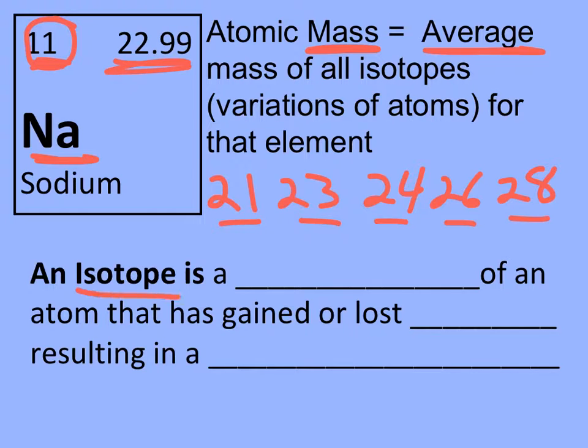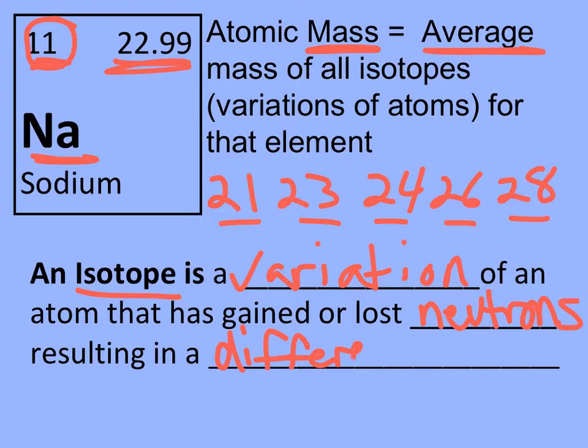we call those isotopes. So an isotope is a variation of an atom that has gained or lost neutrons, resulting in a different mass.